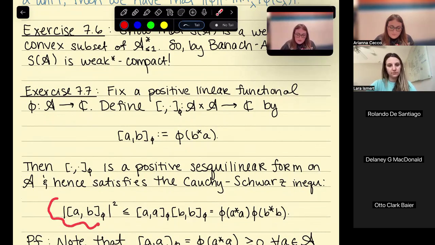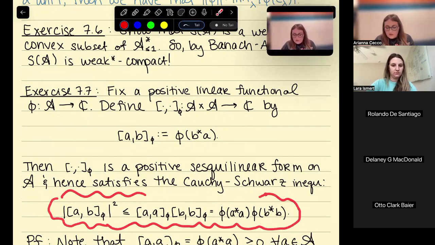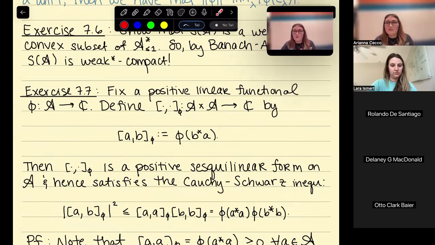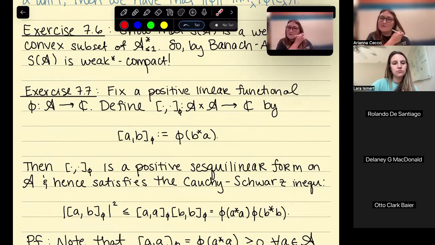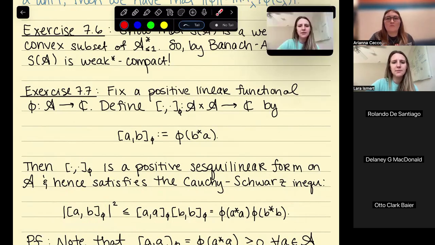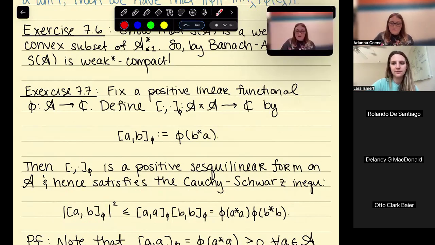First, I wanted to ask, could you tell me what a sesquilinear form is? I don't know if y'all have talked about them yet. They're in the prerequisite notes. I think we haven't talked about them in a lecture, but they are in the notes. Okay.